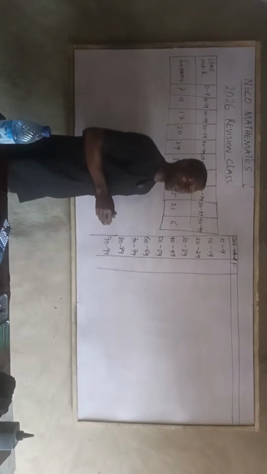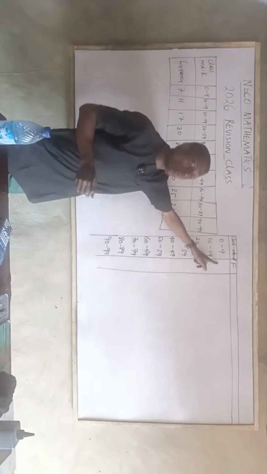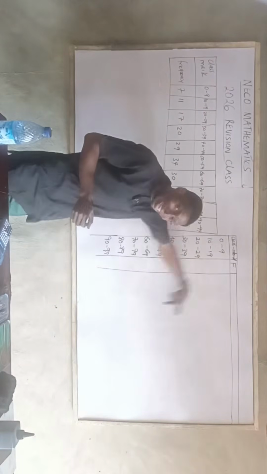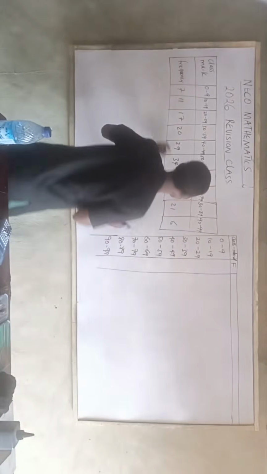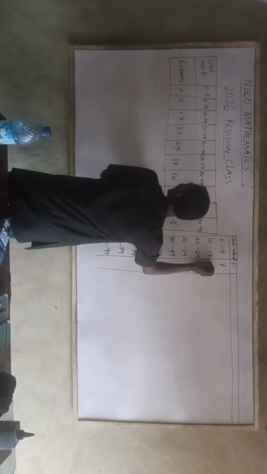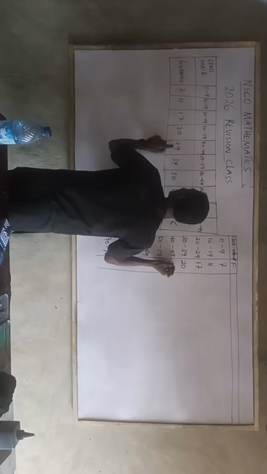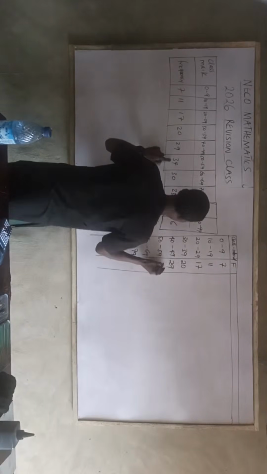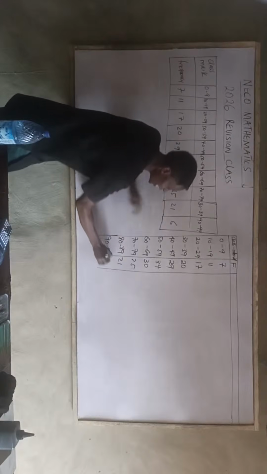Had it been we're working with tally system here, tally becomes the next one, while frequency always comes after tally. But here it does not involve tally. So move on to the frequency directly. Here, 7, 11, 17, 20, 29, 34, 30, 25, 21, and 6.